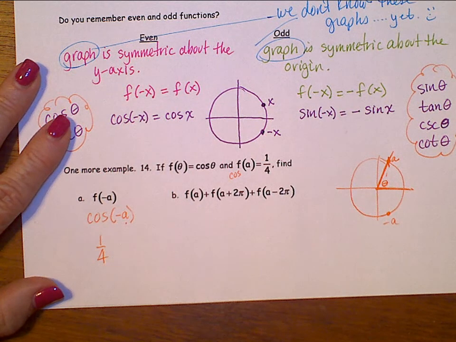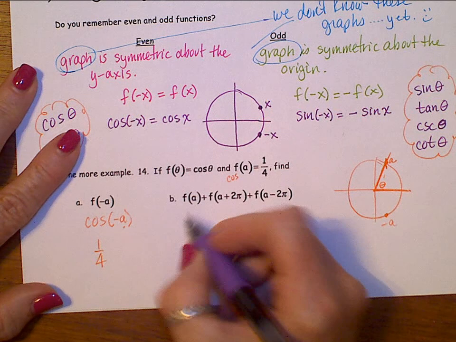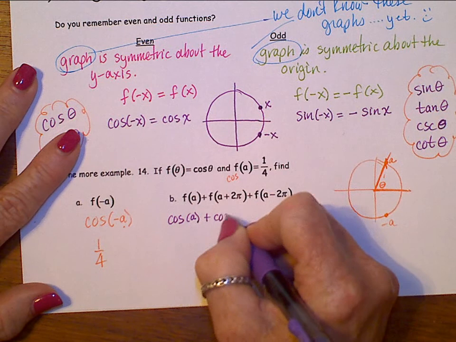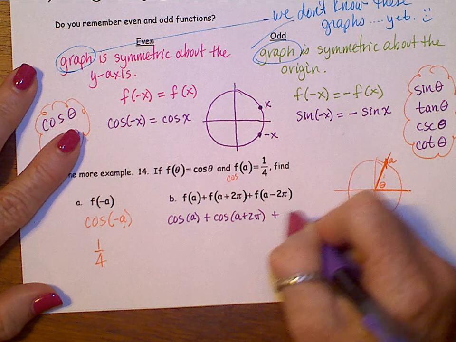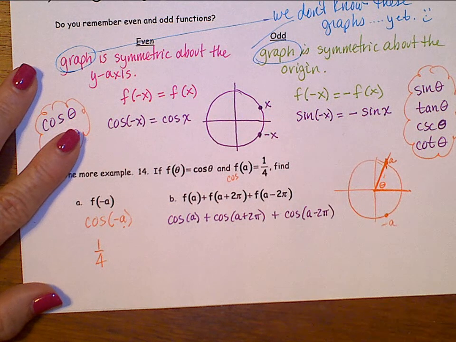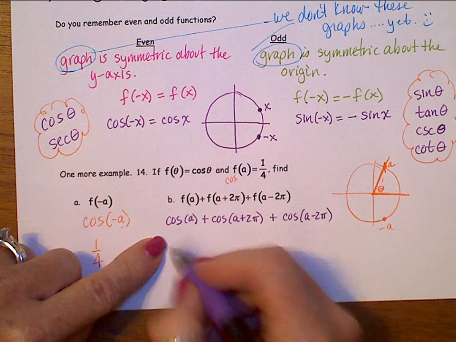Alright, now look what this one's telling us. This f is this cosine function, so this is saying cosine of A plus cosine of A plus 2 pi plus cosine of A minus 2 pi. Well, what is the cosine of A? That's 1/4.